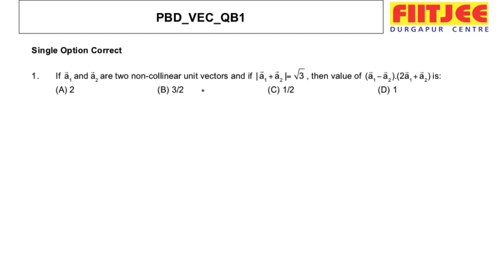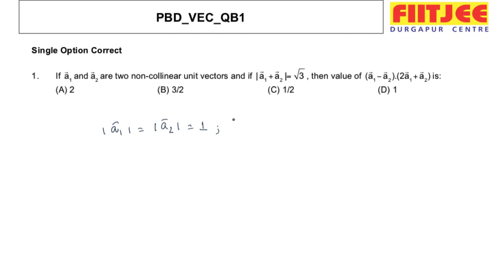Okay, so if you look at the data given in your question, it says that they are unit vectors. So I can clearly write that modulus of a1 and modulus of a2 both are 1, and also their resultant is root 3.